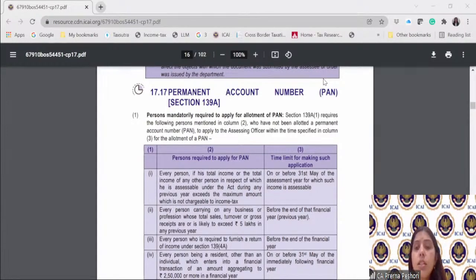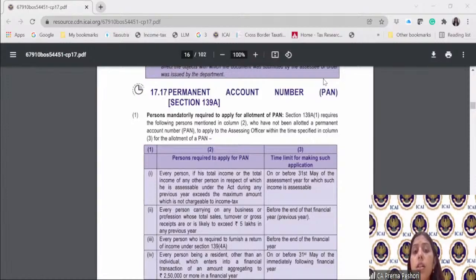Every person who is a resident who enters into a financial transaction. So every resident person other than an individual, for example, a company or partnership firm, which enters into a financial transaction of amount exceeding rupees 2,50,000 has to make an application for the allotment of PAN on or before 31st May.